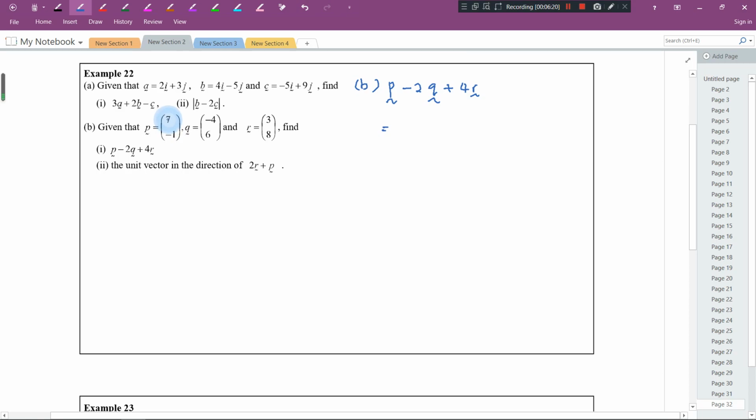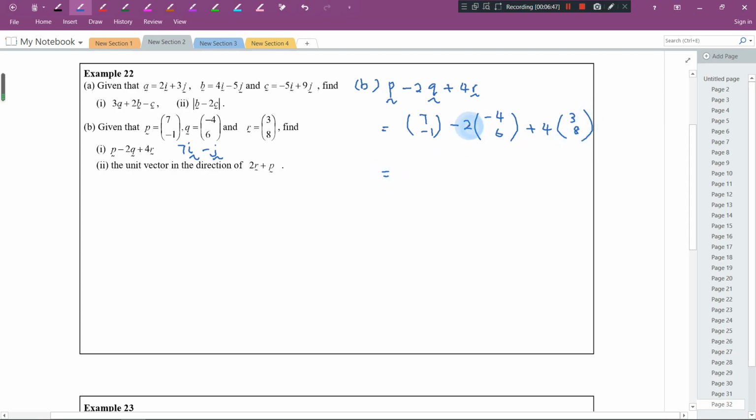This is actually 7i minus j. If you don't want to do it this way, you can convert this one to 7i minus j. Okay, then minus 2Q, negative 4, 6, plus 4R, 3, 8.